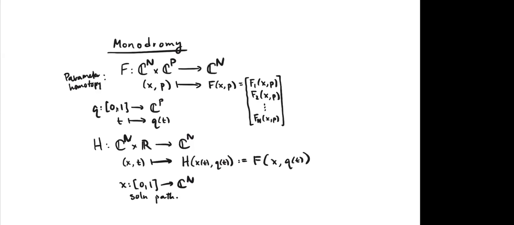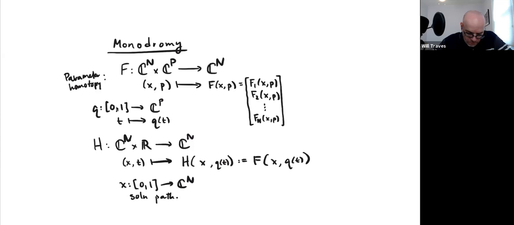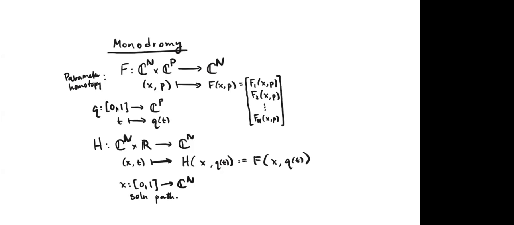And maybe it's better to leave the t out of here. So that means that we've specified a specific parameter, and so when we substitute that into our family of systems of equations, we'll get actually one specific equation for each value of t. Yeah, thank you, Will. Okay.